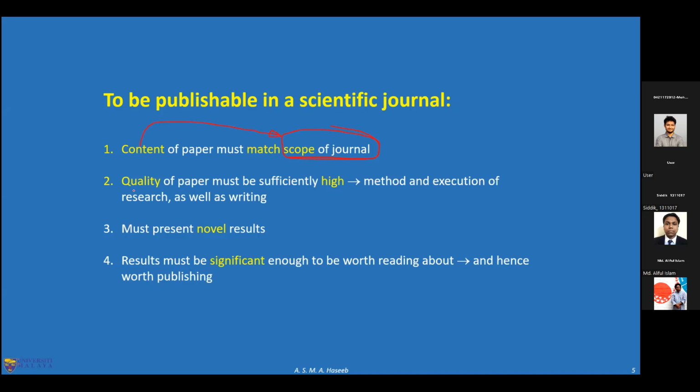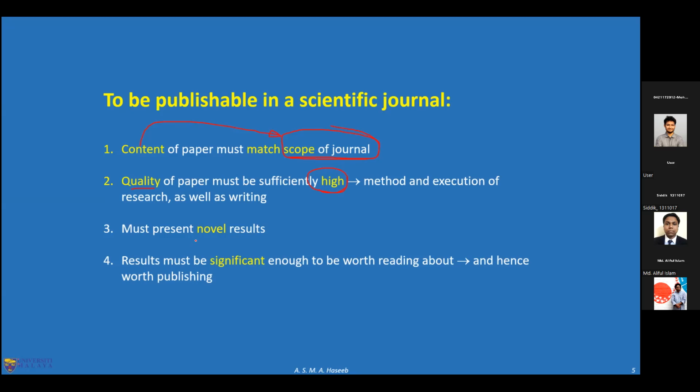The quality of your paper must be high enough. And the quality in terms of the methods that you have used, in terms of the research design, in terms of the writing, in terms of the results that you obtained. So all these will help you to publish if the quality is high.